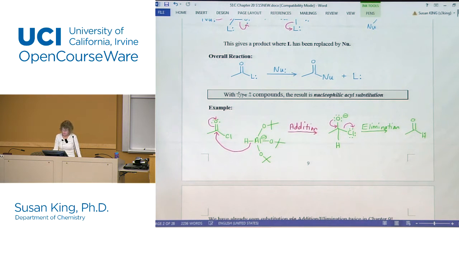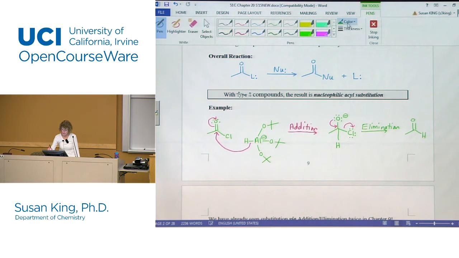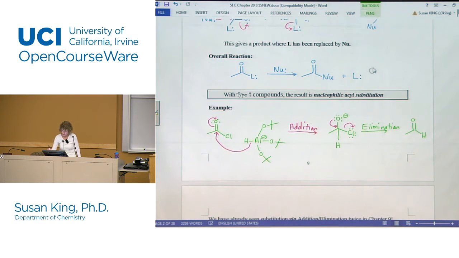And so here's the big difference. Type 2 carbonyl compounds have a leaving group. So when we do the attack, we get something that we call a tetrahedral intermediate. Why do we call that a tetrahedral intermediate? We start off with an sp2 carbon, and then here we're sp3.